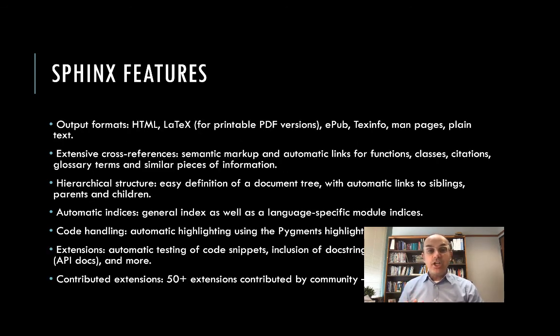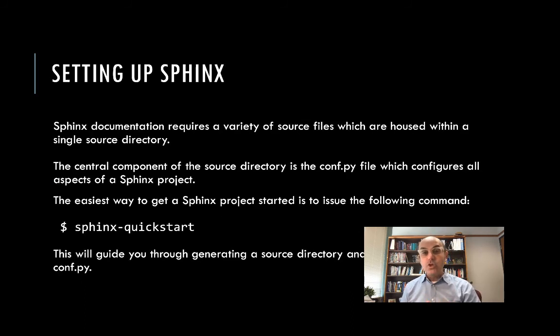So the features that it has are the ability to output, as I said before, extensive cross-references, some hierarchical structure, an easy way to define the document tree with automatic links to the siblings, the parents, and the children, automatic indices and extensions, and contributed extensions.